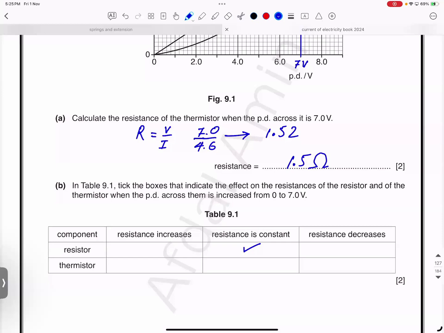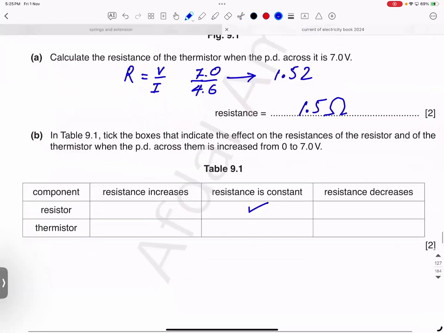Now, actually, even if you don't look at the graph, I know the answer. When there is more voltage, there is more current. More current means more heating effect. More temperature means less resistance for thermistor. Thermistor, temperature and resistance have opposite relation. You know that? There are two things.